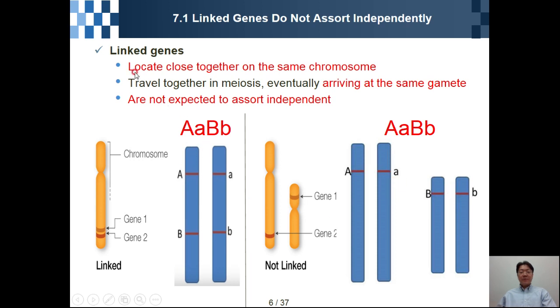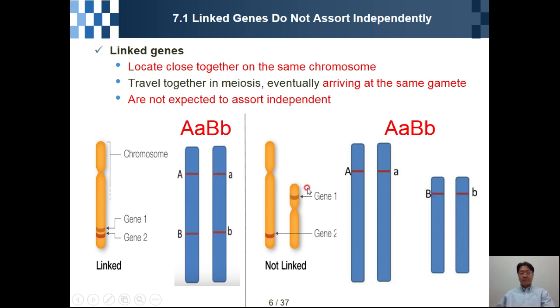But linked genes travel together, so they are not expected to sort independently. So this is the linked gene, and this is the not linked gene. We have to divide it into two cases: one is linked genes, the other is not linked genes.